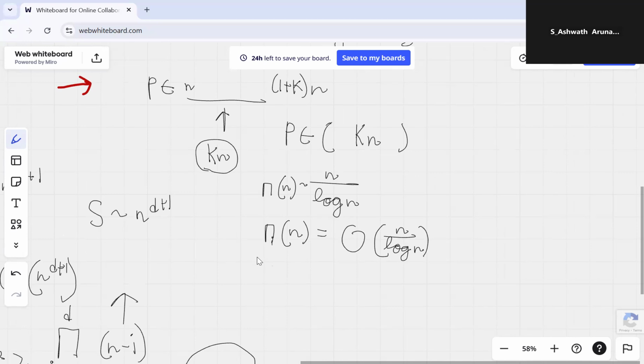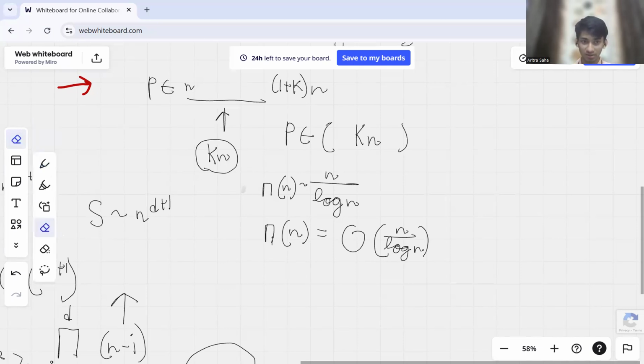But that's not true, so that's a contradiction. I can see the idea, but I don't think that is the way to say it, right? Because why is n specifically chosen? You have to use the growth rate somewhere, the specific growth rate of n by log n.